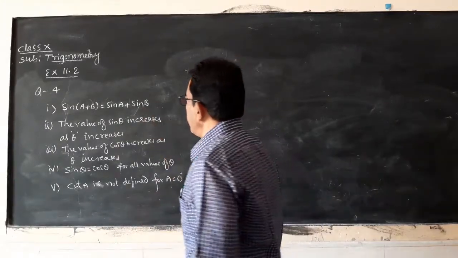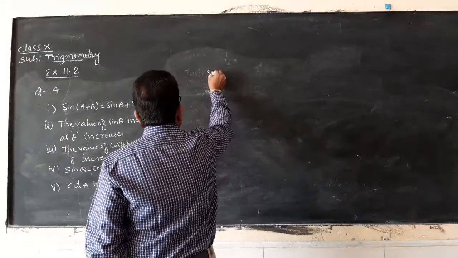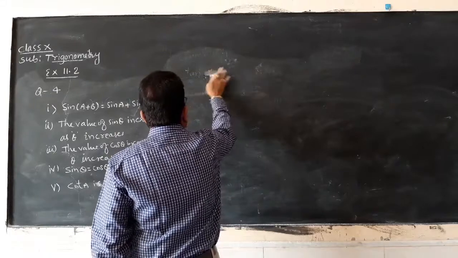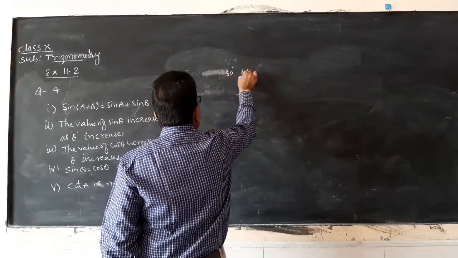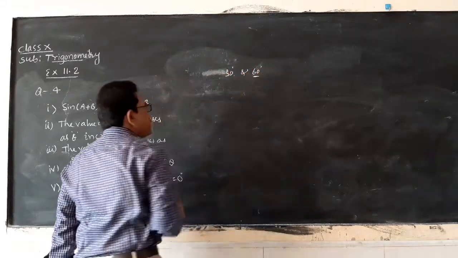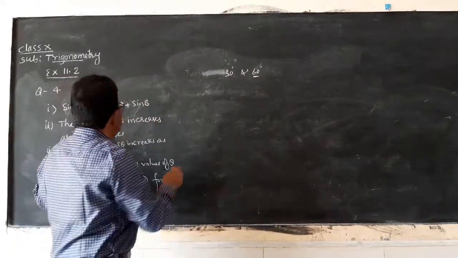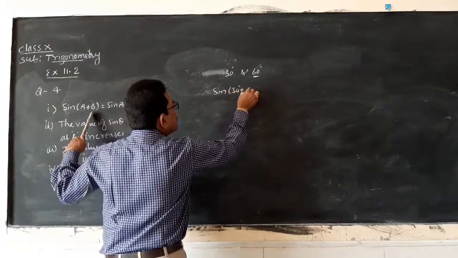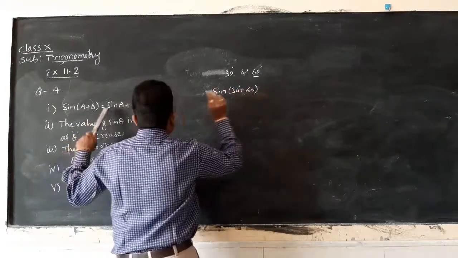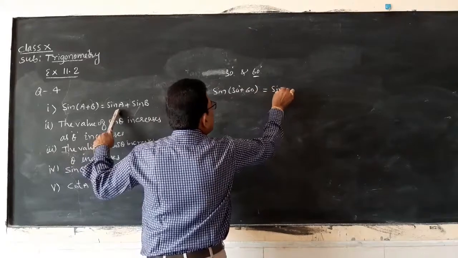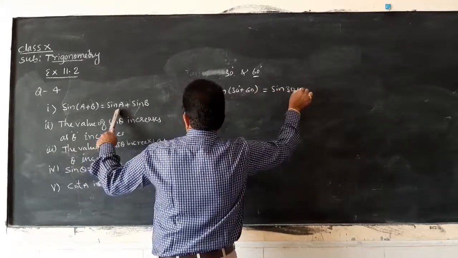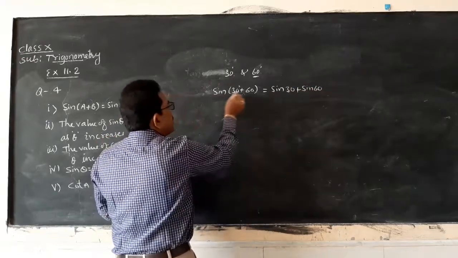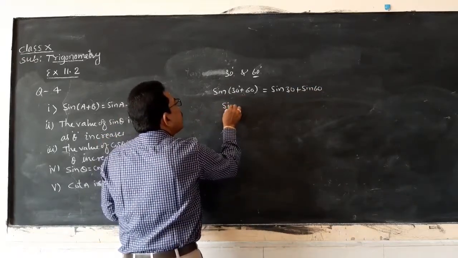Okay. Let us consider one angle as 30 degree and the other as 60 degree. Sin of 30 degree plus 60 degree is sin 90, which is 1.